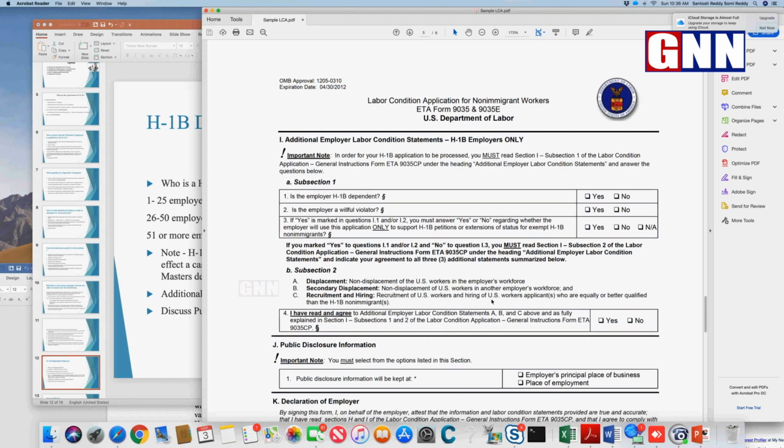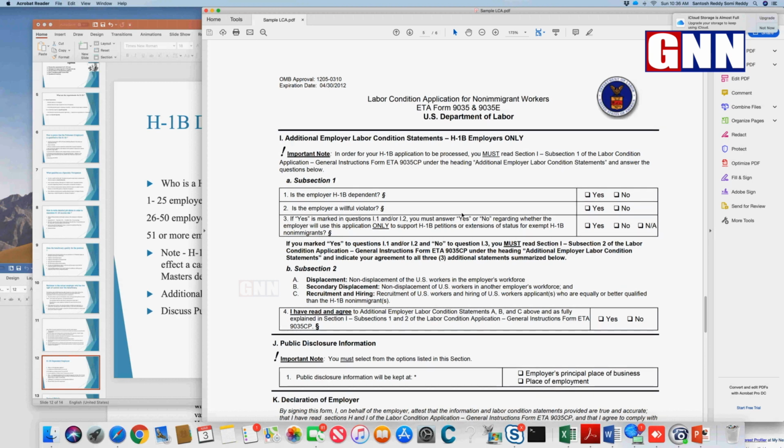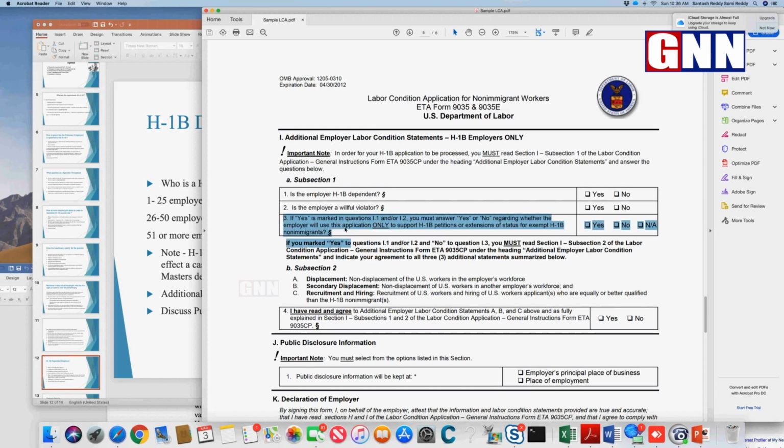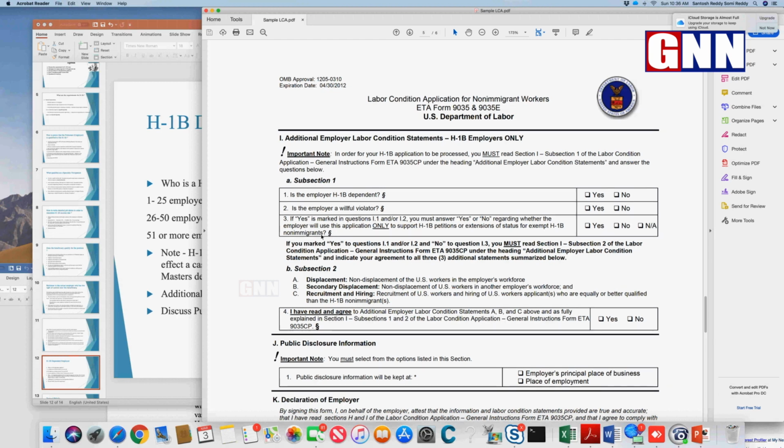I guess this is the old LCA, but the regulations remain pretty much the same. So here, if you look at section I, it says that if an employer is H1B dependent or a willful violator, then you're supposed to be answering this question 3, which asks whether the LCA would be used to sponsor an exempt employee or not.